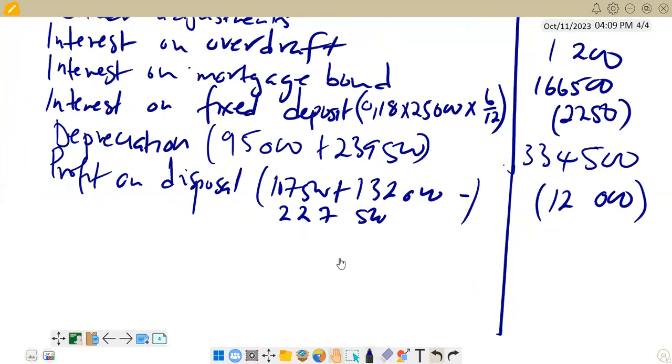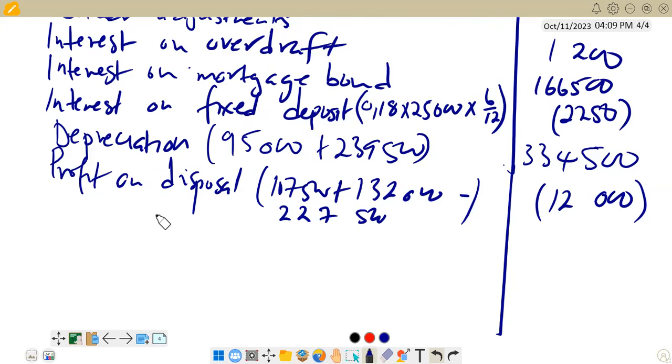So we go down again. After profit on sale of vehicles, we are supposed to add inventory at the beginning, then less inventory at the end. And then we do the opposite for trade payables. For trade payables, we are going to less trade payables at the beginning, and then add trade payables at the end.